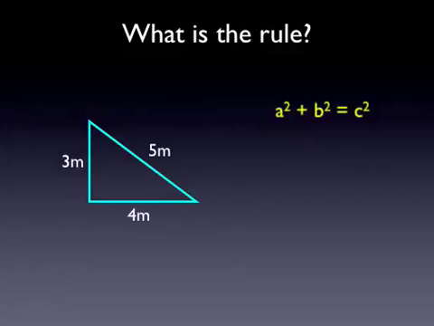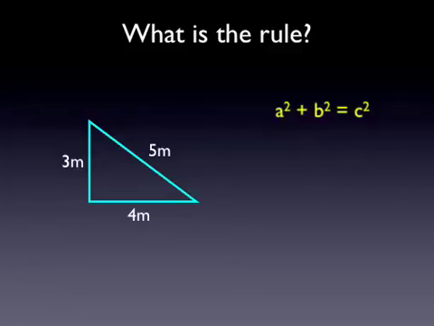Well, C is often the first one that people identify, and C is that long diagonal, and in this case it's 5 meters. A and B, well, we might call A 3 and B 4, or you could do it the other way around. A could be 4 and B could be 3. But I think we'll go for A 3, B 4, and C 5.